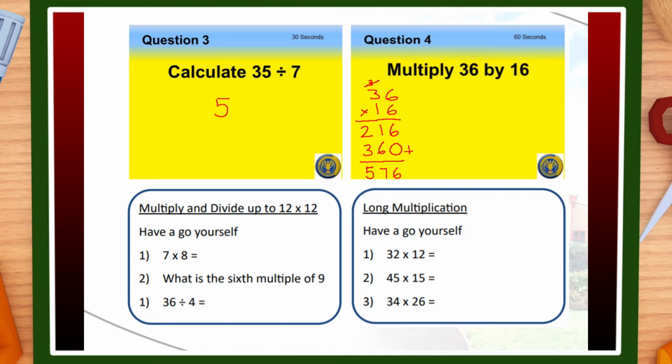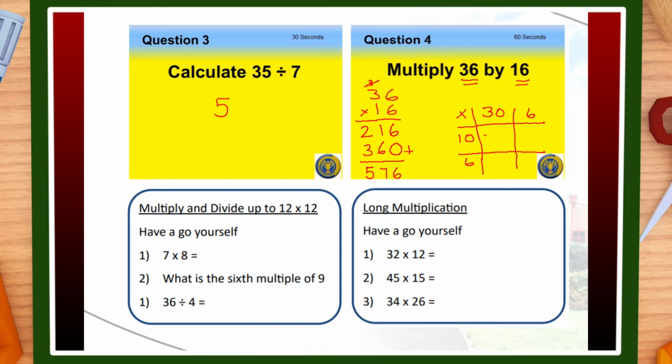As an alternative, some people like the grid method where you partition or split the number into tens and units. So 36 would be 30 and 6. And they run horizontally along the top of the grid, and 16 would be 10 and 6, which run vertically down the side. Not the neatest, my apologies, but we're going to multiply all these parts separately.